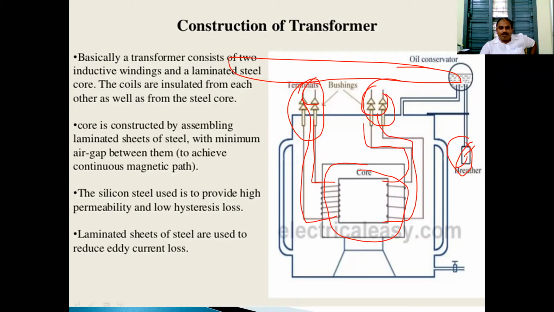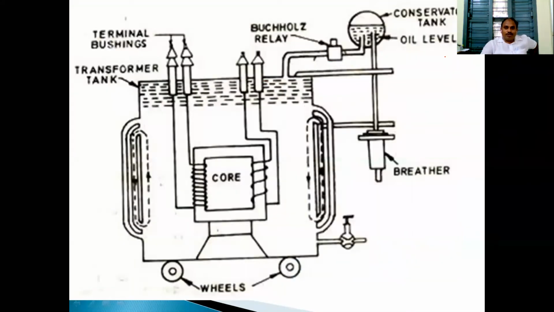In that case, the conservator acts as a reservoir for the expanded oil. Here we provide a Buchholz relay, which acts as a protector for the transformer. I will explain it later.